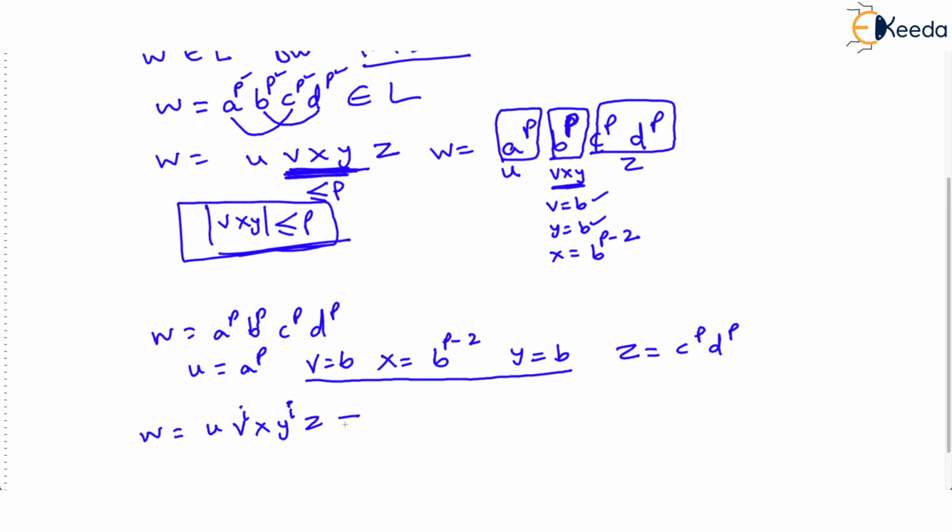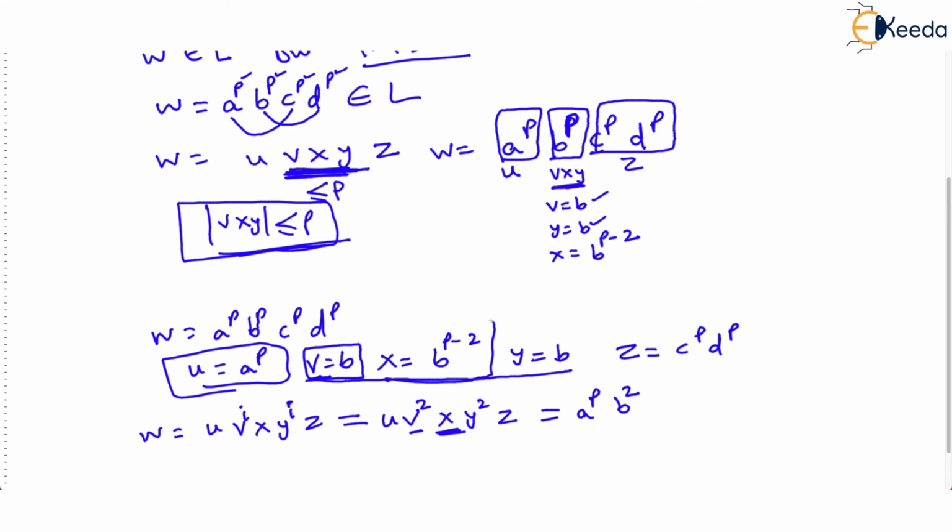Keeping i as 2, the word we will get is u, v square, x, y square, z. What is u? u is a raised to P. What is v? v itself is a single b, but you are repeating that 2 times, so you get b square. What is x? x is b raised to P minus 2, that is b repeated P minus 2 times. What is y? y is a single b, but you are repeating it 2 times, so b square.